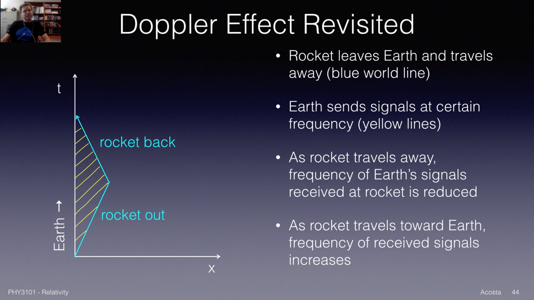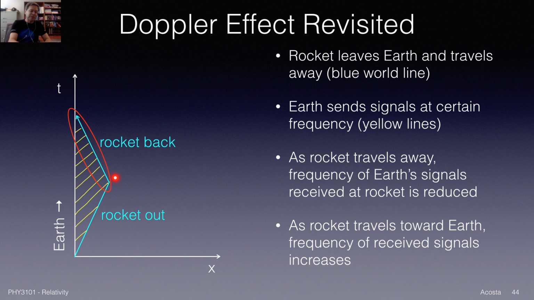But as the rocket travels toward the Earth, the frequency of the received signals begins to increase. Nothing's changed on the signals being emitted from the Earth. They're still traveling at 45-degree lines. They're still equally spaced in time in the Earth's reference frame. But we can see now as the rocket goes back, it's intercepting those signals more frequently. And to the rocket, it looks like the frequency of those signals has increased, whereas when it was heading out, away from the Earth, it was decreased.